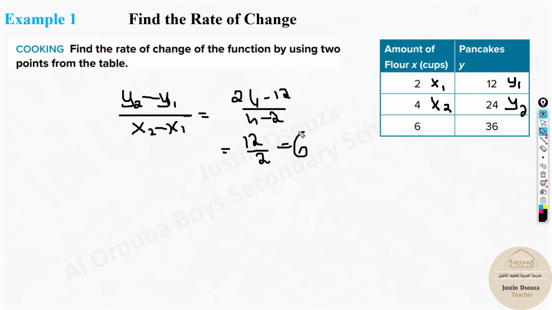This means for 1 cup, how much would you have got? It is the rate of change for every increase of 1 cup. If I just write over here, from 6 to 7, then from 36 it would increase to 42. This is what it tells me, because the rate of change is 6. The rate of change means as I increase one x value, the y value changes by 6.